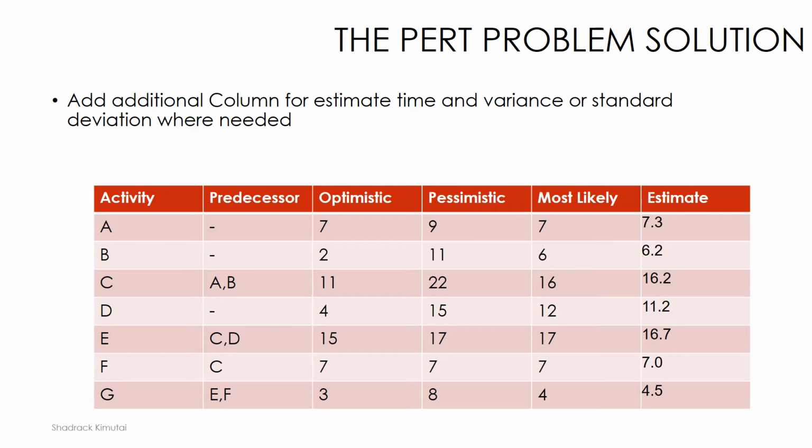Another case in point is C, where we have the optimistic being 11, pessimistic being 22, most likely being 16, and then we have the estimate being 16.2. So you'll find that the estimate always lies around the most likely time, and that can give you an idea whether you are having your figures computed correctly or not.